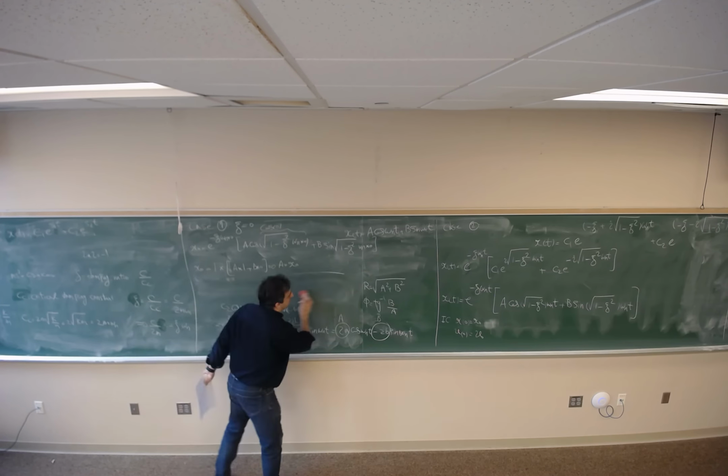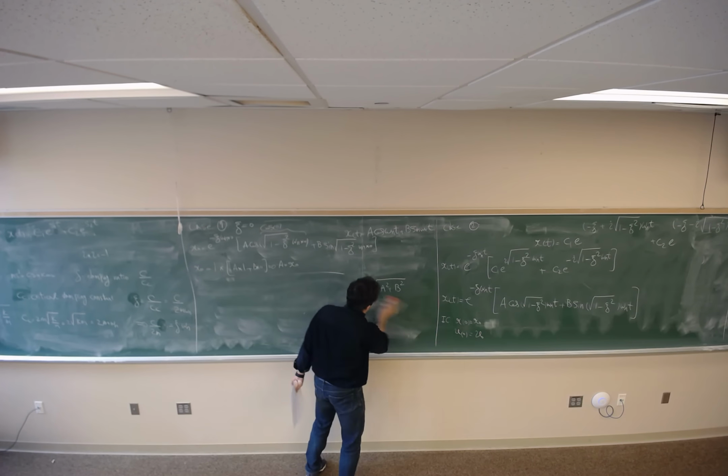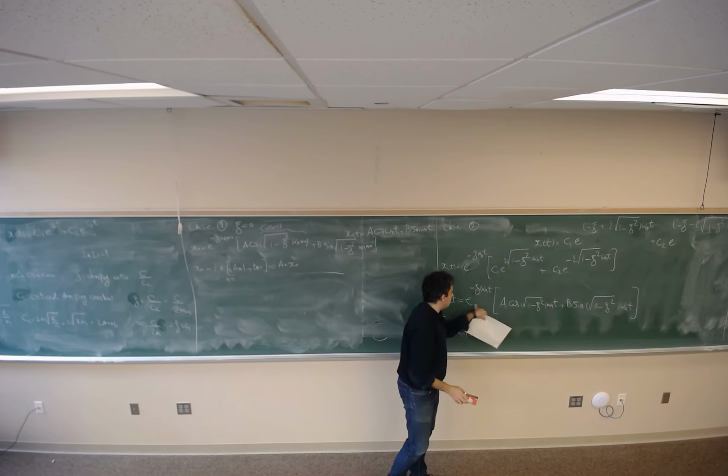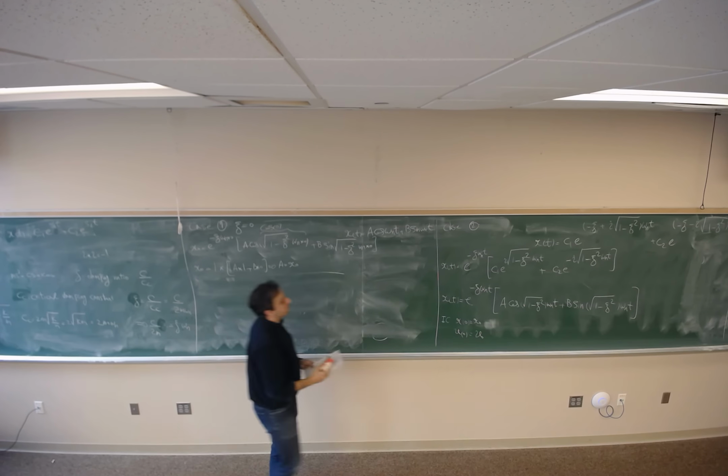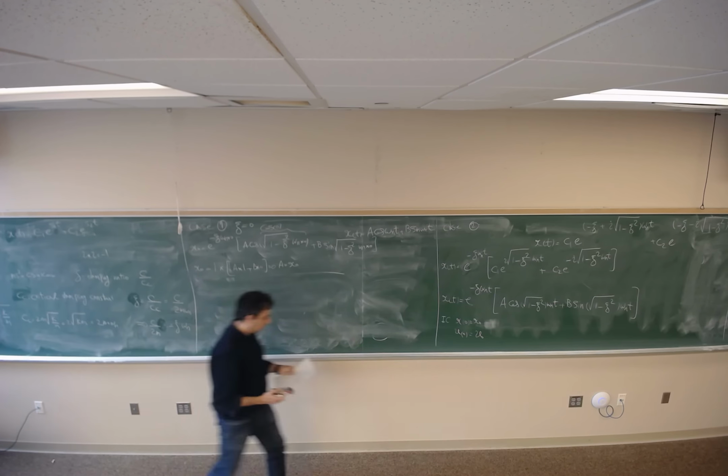Finding A was easy. So finding B, I need to know the velocity. To find the velocity, I should differentiate this.